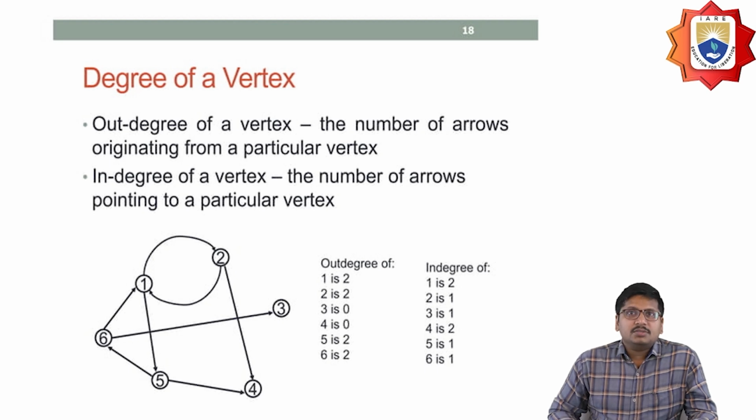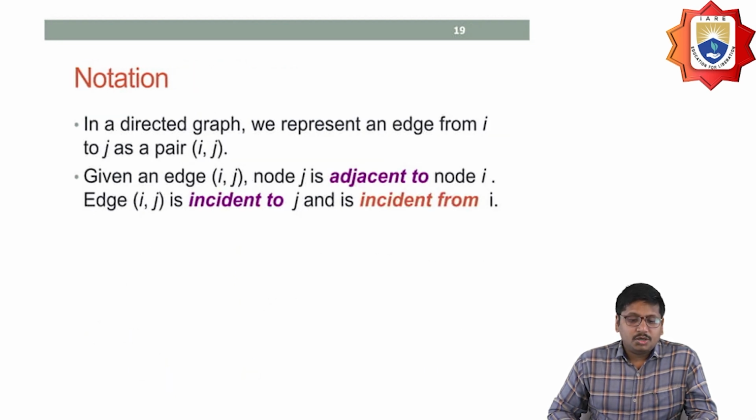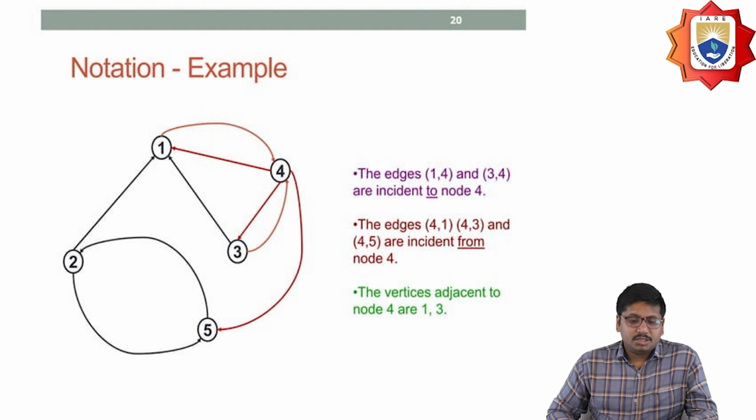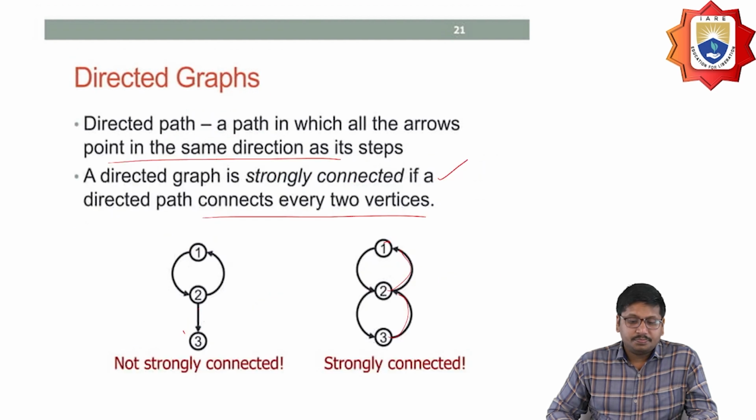The degree of the vertex has these two things, in-degree and out-degree. And notation means that in a directed graph we present an edge from one vertex to another. So there should be incident and adjacent. Incident is quite the opposite of adjacent. And these are the notation examples.